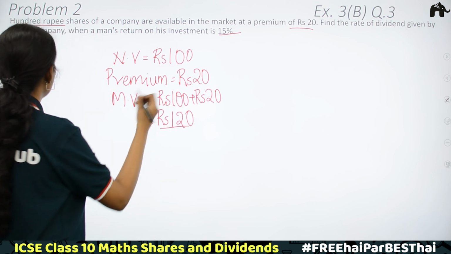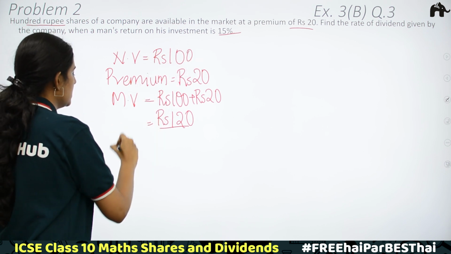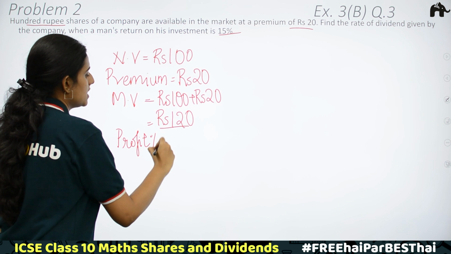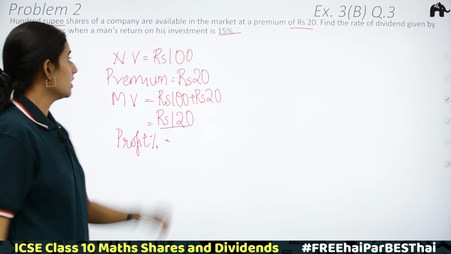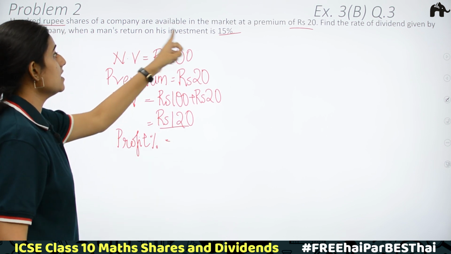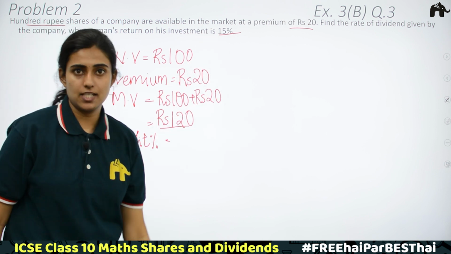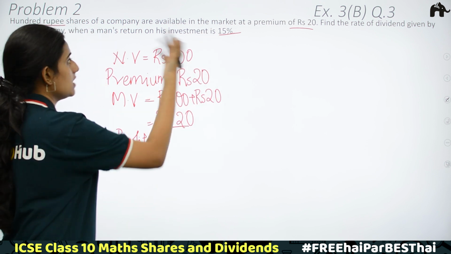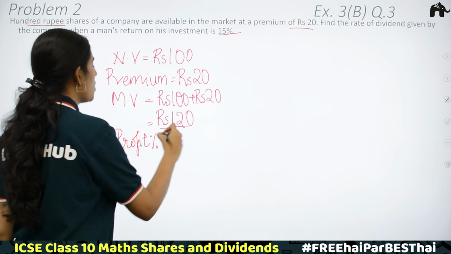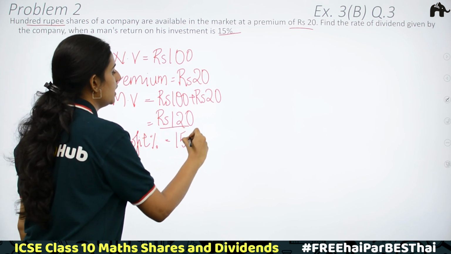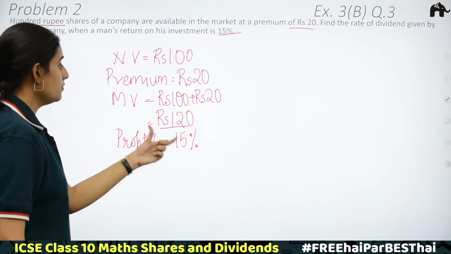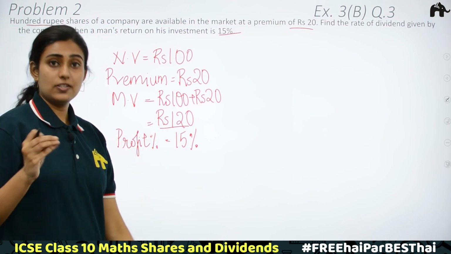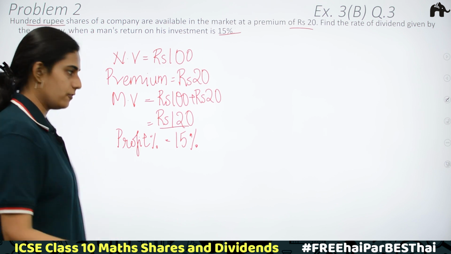Now, we have the profit percentage given. What is the profit percentage? Return on his investment is 15%. Return and profit are the same. So, return percentage is 15%, which means profit percentage is equal to 15%. 15% of market value, when we calculate, we get the profit.